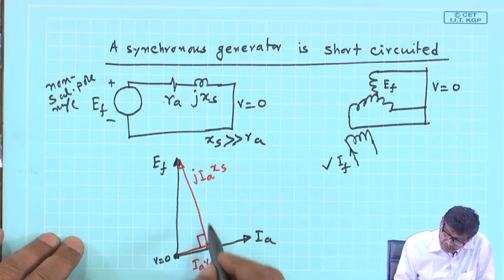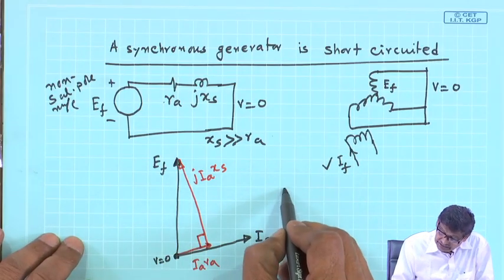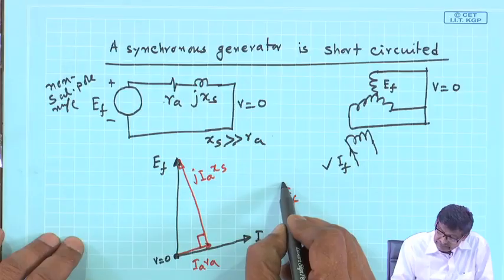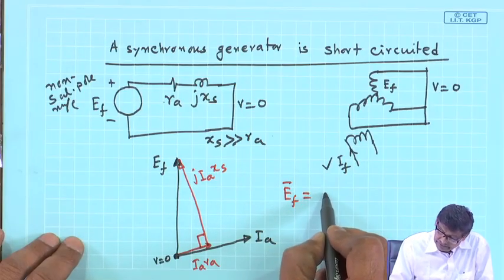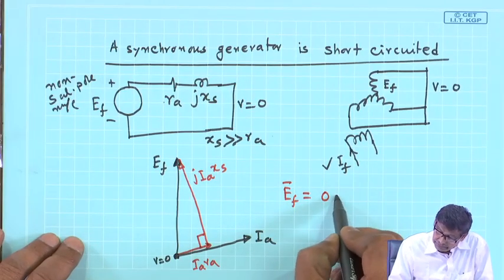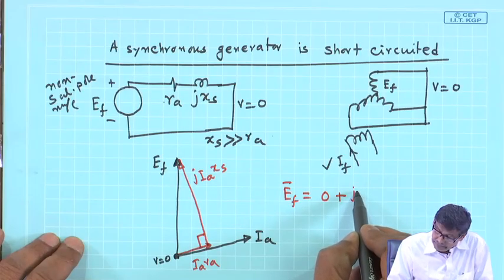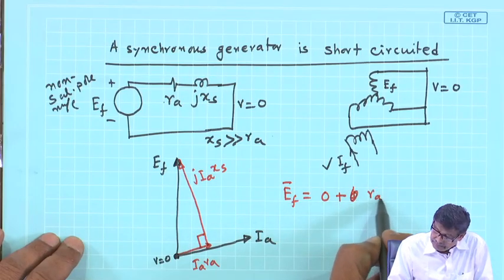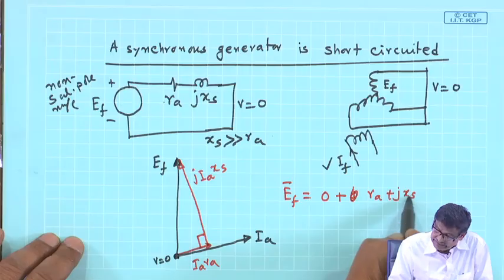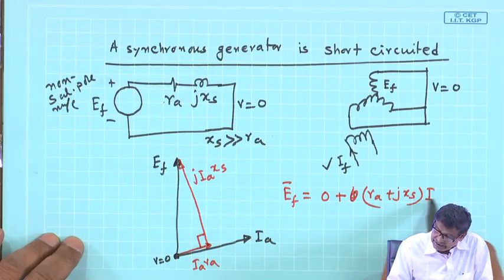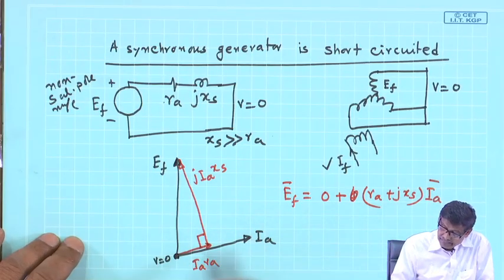Therefore, EF in this case will be V, which is 0, plus (RA plus J XS) into IA. Is not it?